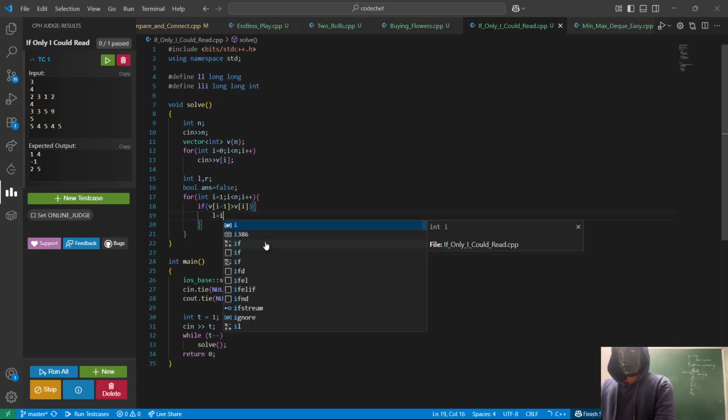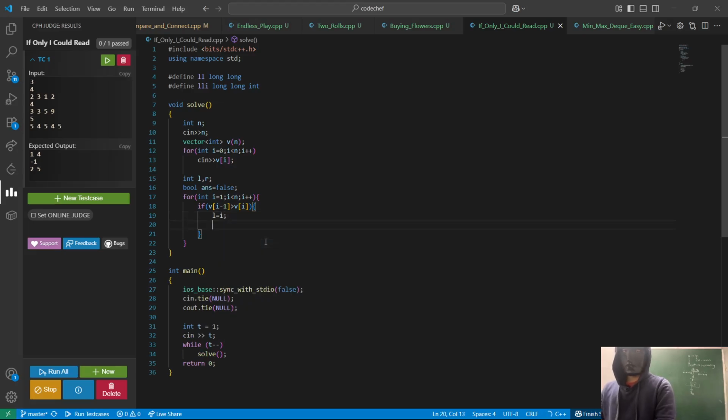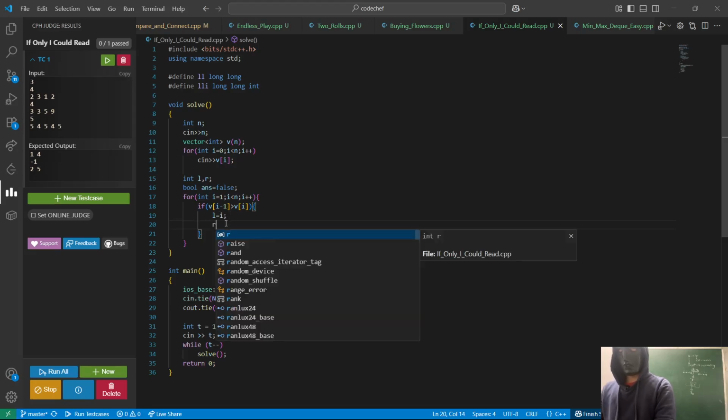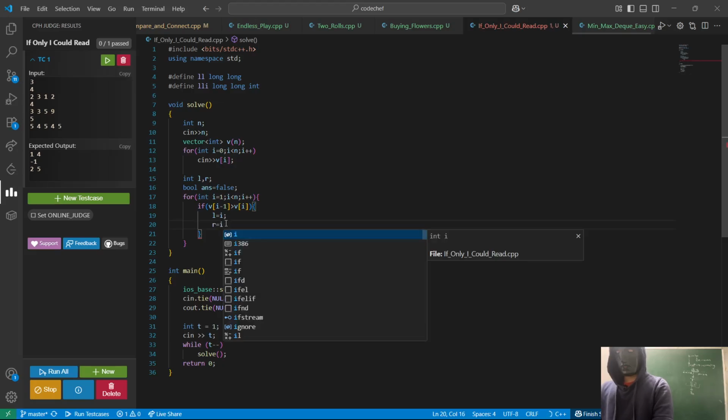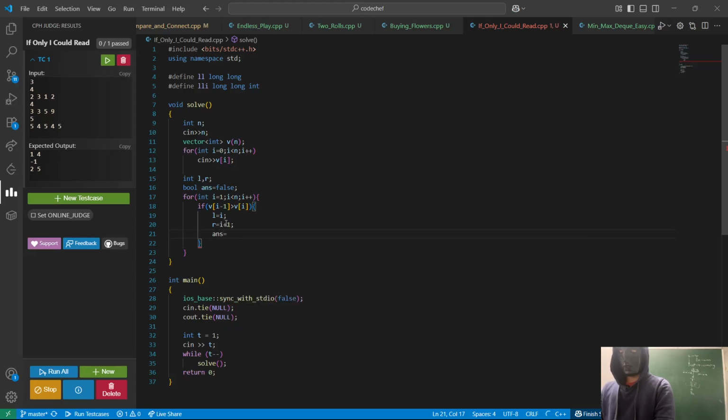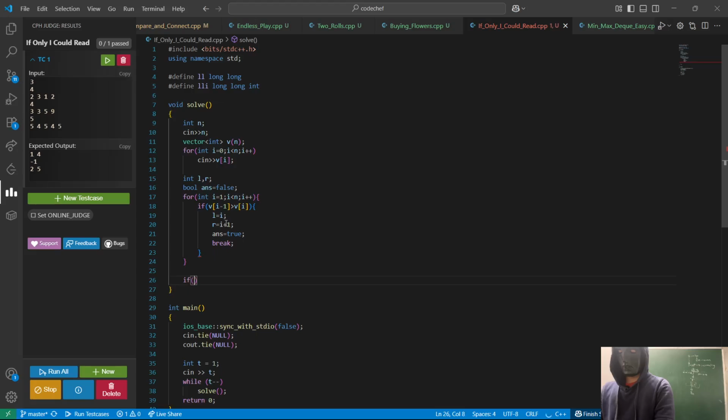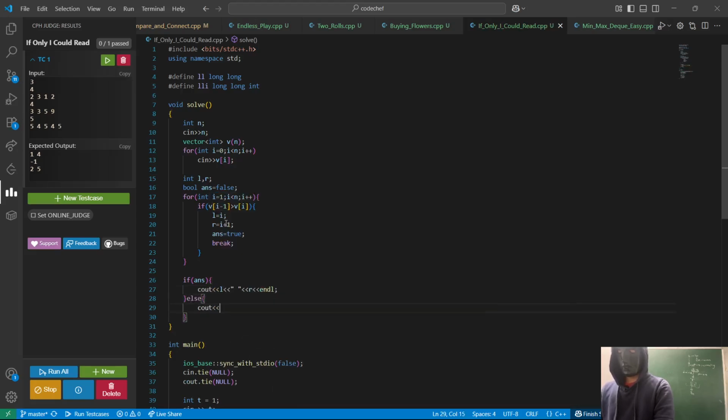So your L will be, since it is 1-based indexing, i-1 plus 1, so it is i, and your R will be i plus 1, and your answer will be set to true, because you have got the answer, and just break out of the loop. Once you come here, you check if answer is true, meaning you have got the answer. If you got the answer, you output L and R, else you output -1.